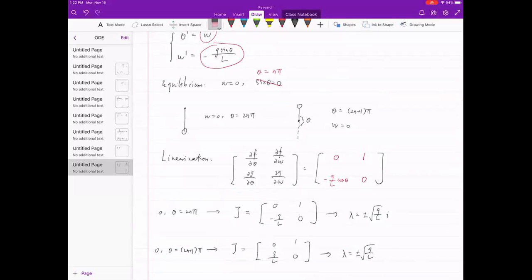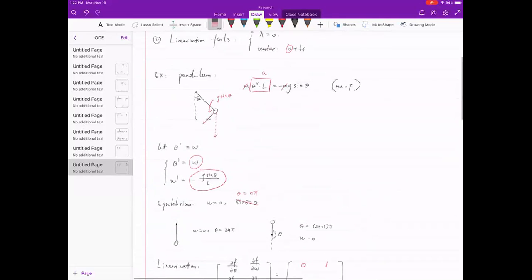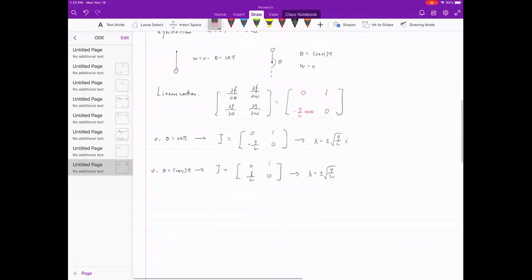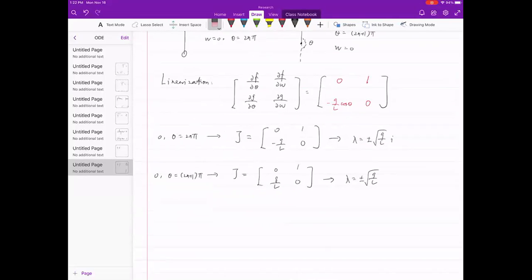Partial f partial theta 0, partial f partial omega 1, partial g partial theta negative g over L cosine theta, no problem. Omega prime equals negative g over L sine theta, no problem. 2n pi, 2n plus 1 pi, no problem.